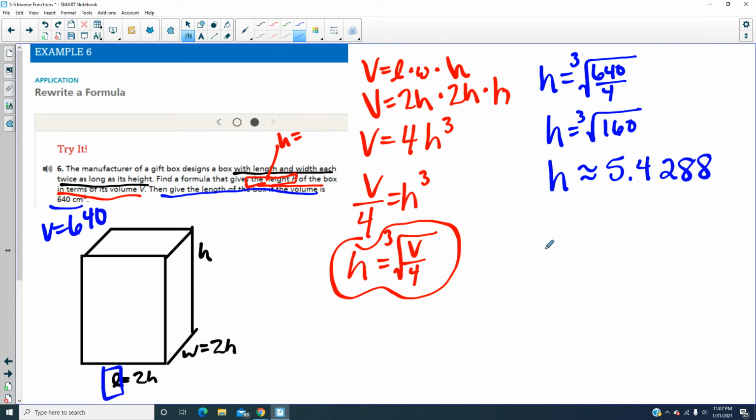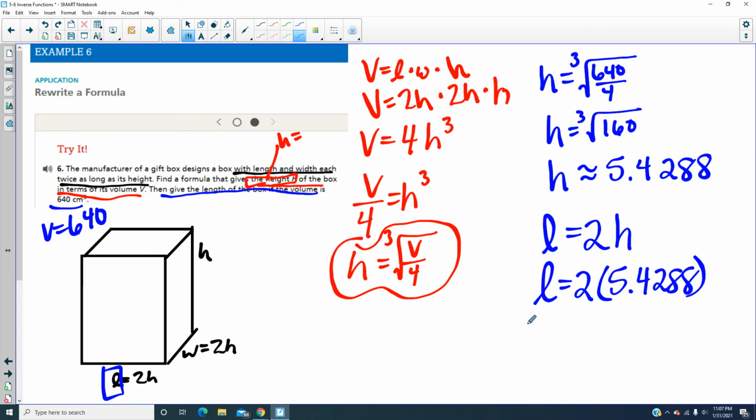But then we know that the length is twice the height. So the length is 2 times whatever I got for the height. So length is approximately, because I'm still rounding here, 10.8576, so about 10.86 centimeters. There we go. Sorry about that.